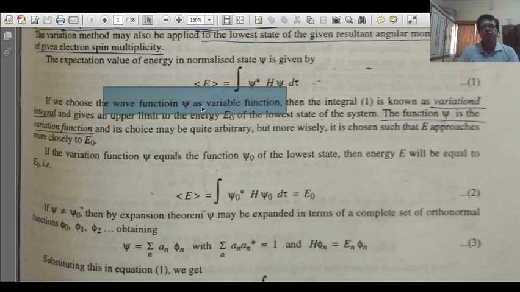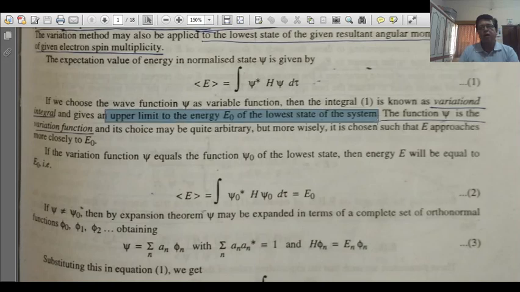Then equation 1 is known as the variational integral, and it gives the upper limit to the energy E0 of the lowest state of the system.